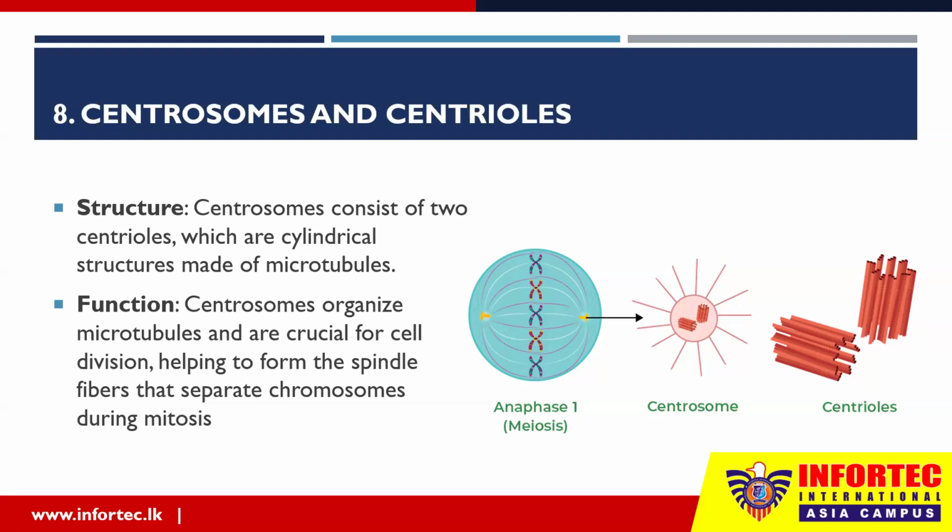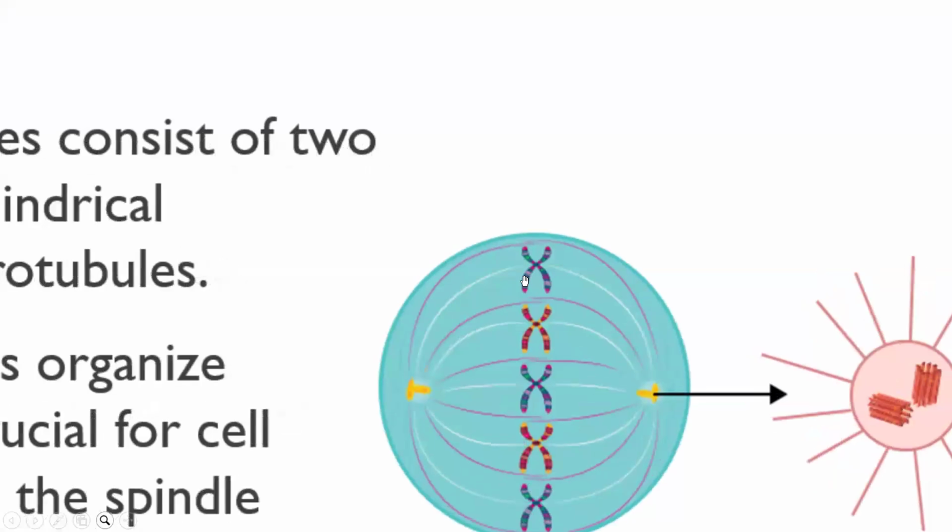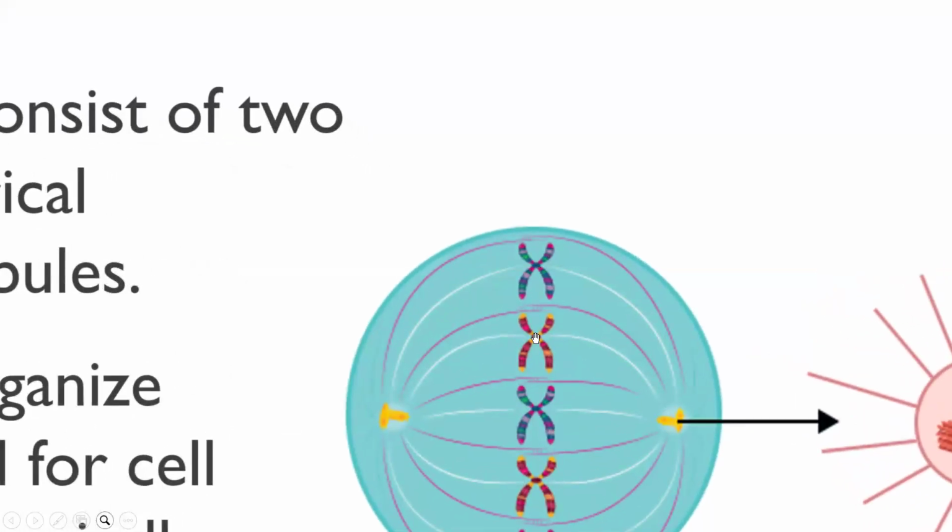The other thing you have to remember is that these chromosomes are connected to each other by the place we call the centromere. This is the centromere of each chromosome.